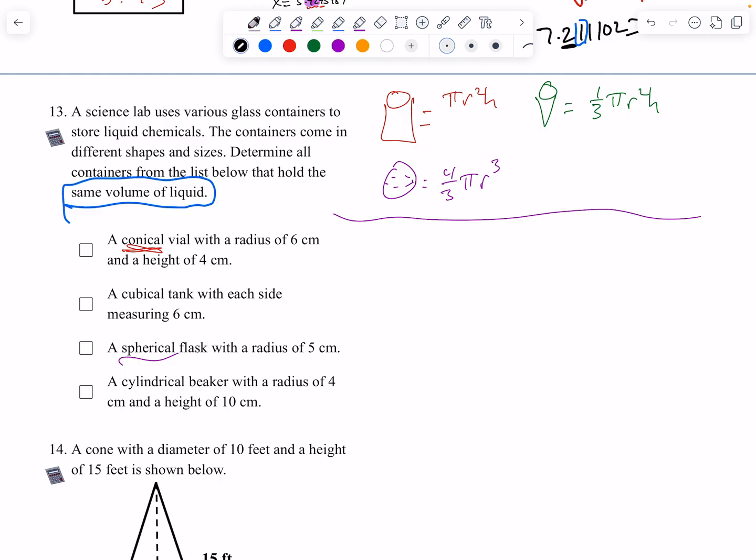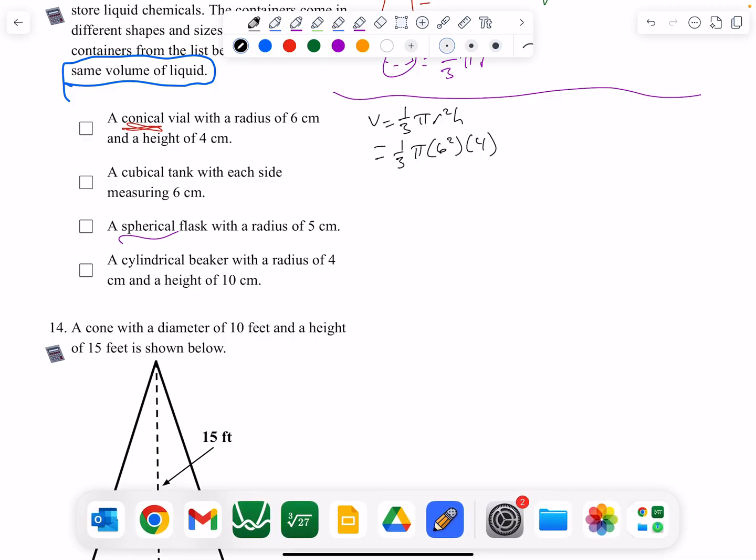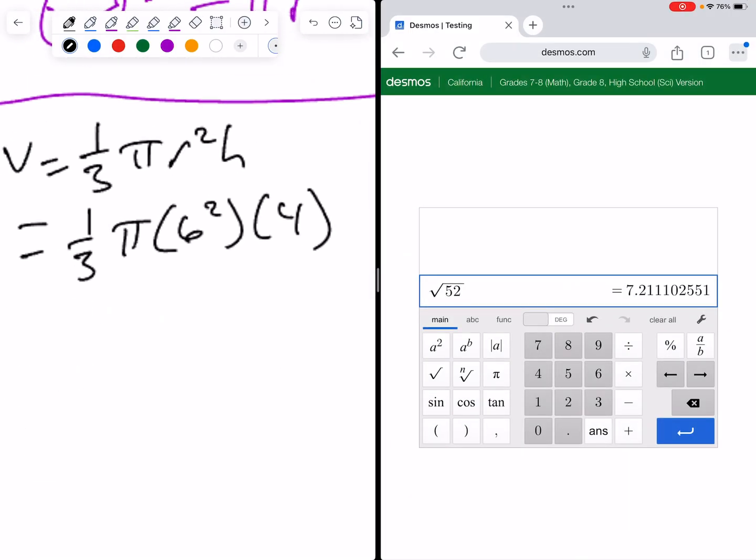So let's start with the cone. The volume equals 1/3 pi r squared h. 1/3 pi. My r is 6, my h is 4. So calculator time. Because every single one of these has pi, I'm just going to multiply everything else except the pi.